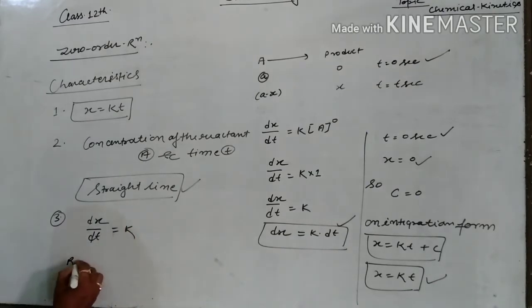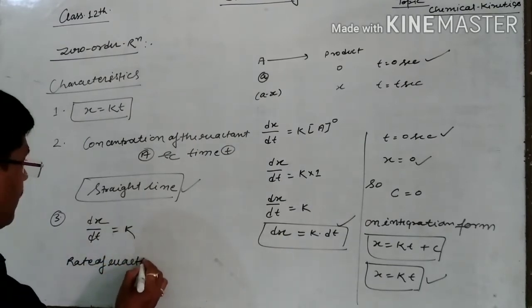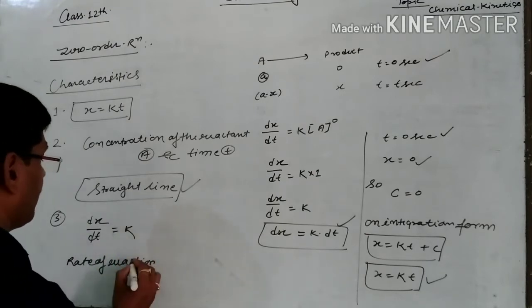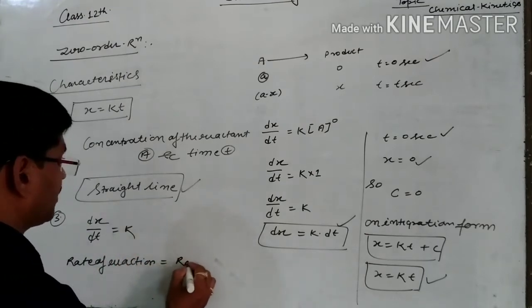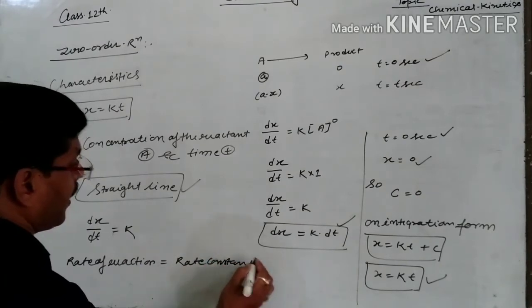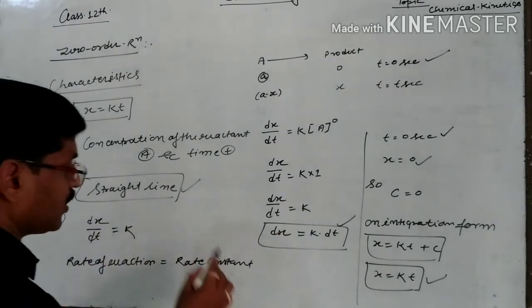Third point in characteristics: as from there dx by dt is equal to k, or in the language of rate of reaction, rate of reaction is equal to the rate constant. It means that for the zero order reaction, the rate of reaction is equal to the rate constant.